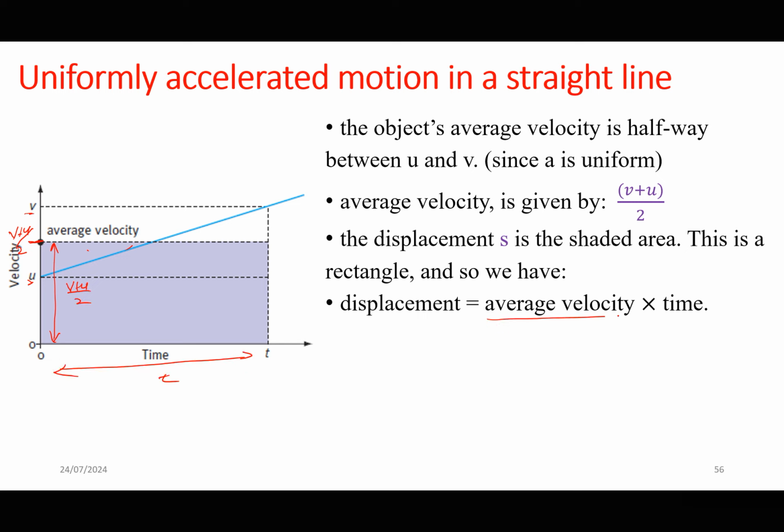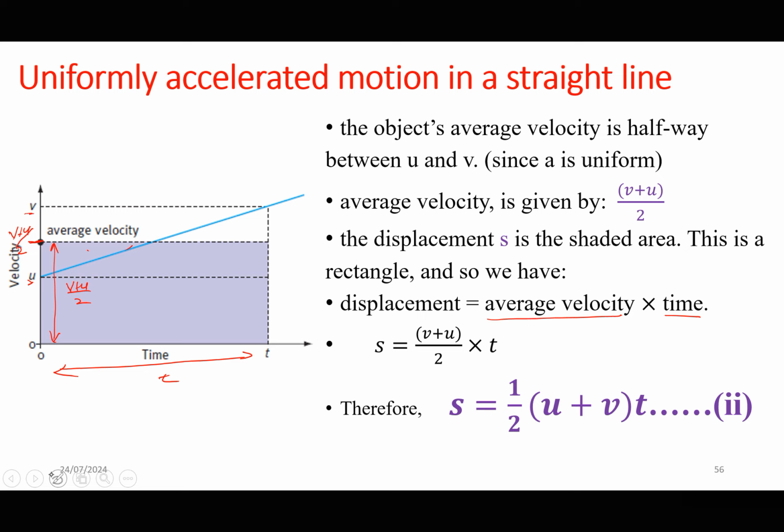So it is the average velocity times the time that is going to be the displacement. So this gives us s equals u plus v divided by 2 times t. And when you rearrange this, we get s equals a half into u plus v times t. And that was the second equation, or the third equation, whichever order you put them.